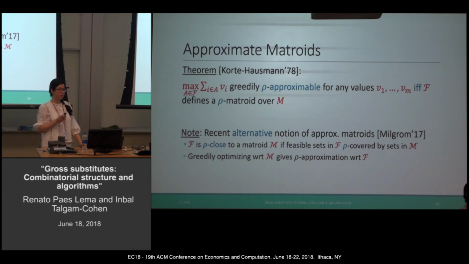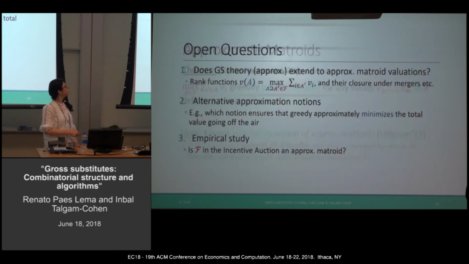I should mention there are alternatives. Paul Milgrom has this recent notion of being rho close to a matroid, and he shows that if you use greedy for the matroid that you're rho close to, then you also get a good approximation. So I guess this rank quotient thing is not the only way to approach it.